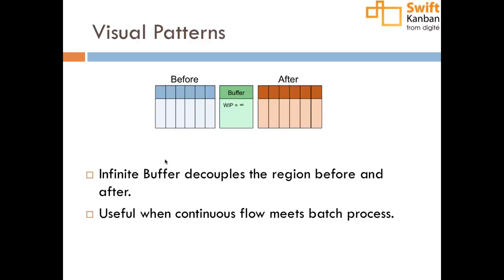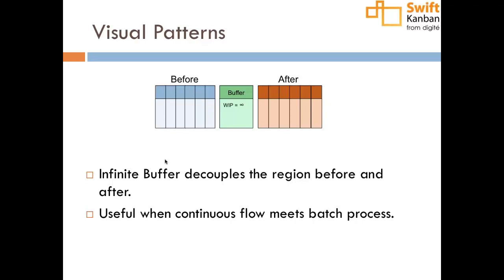On the other hand, if your testing is done, but then you do batch releases, and that batch release depends on external factors, not you, then you do want to put an infinite buffer because you keep continuously working and producing cards that are ready to be shipped, and it's somebody else's job to pull things out of it and ship it.